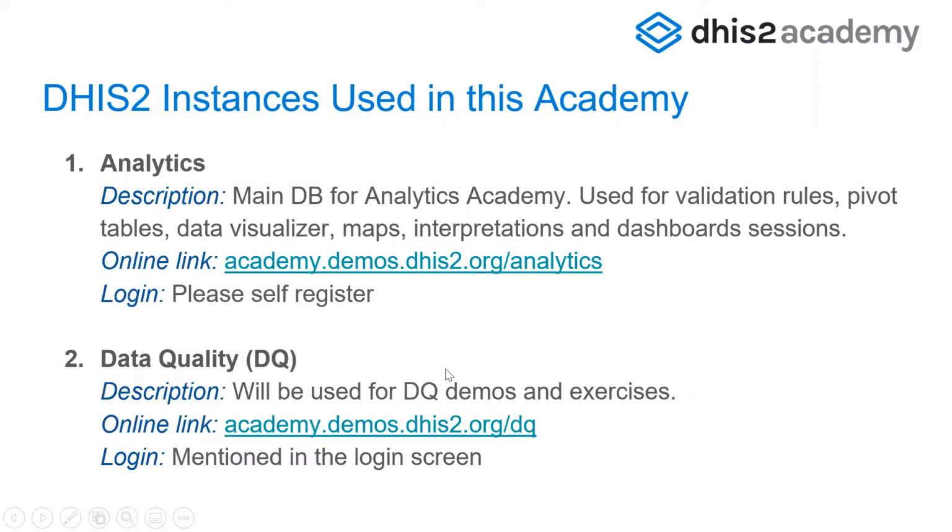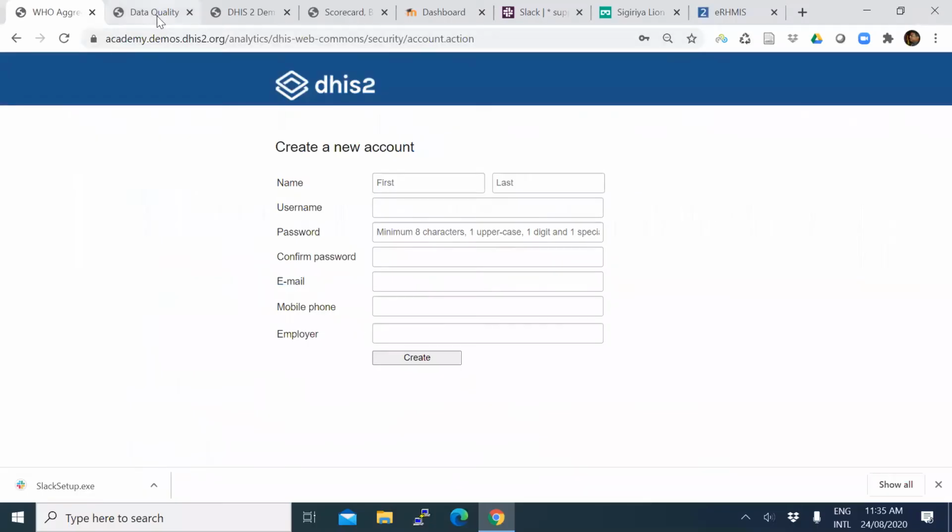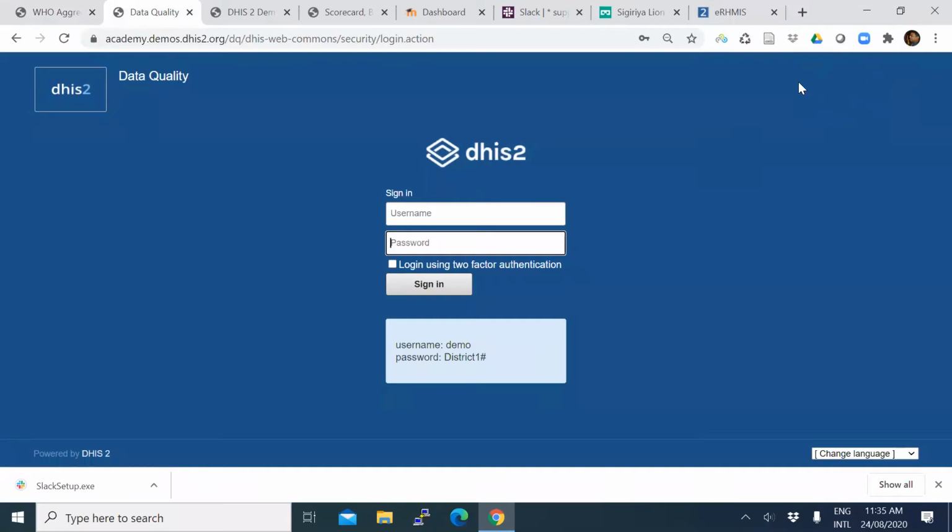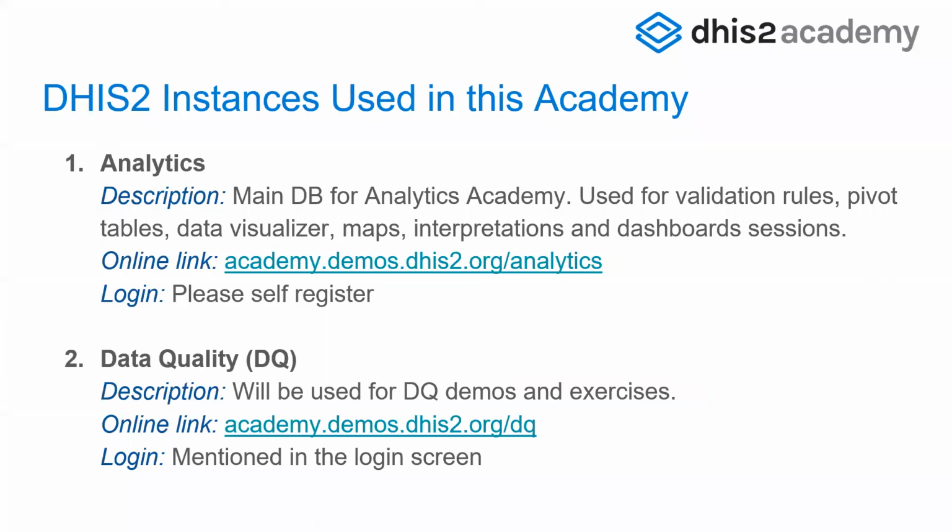In this second instance you cannot self-register, but there is a common account with a common username and password. This username and password can be used by everybody in the academy, and using them you can log into this instance. So this is the DQ instance, or data quality instance, the second instance we are using in our academy.